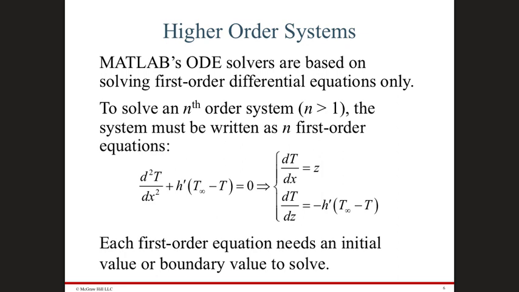Because dT/dx is equal to z, the second derivative of T is the derivative of z. And then you can get two first order differential equations in two variables, T and z. So now it becomes a set of first order differential equations instead of solving a second order differential equation.